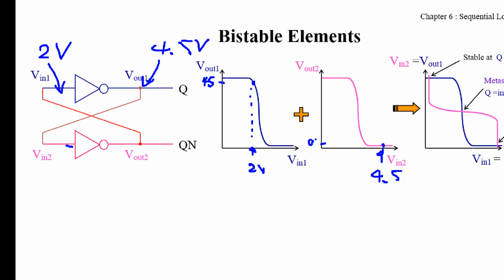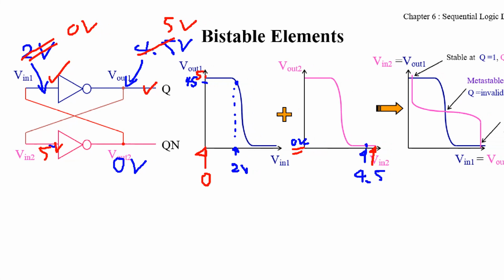So the output may be 0. V out 2 then becomes 0, so this updates to 0, same signal. So now it goes to 0 at this point. So V out 1 now becomes 5, V in 2 is also 5, right? And the output of V out 2 is 0. Now it's 0 here, 5 here. It becomes stable, no change.